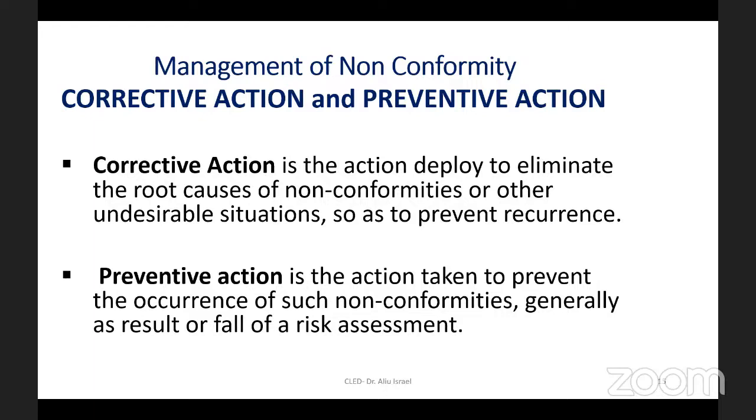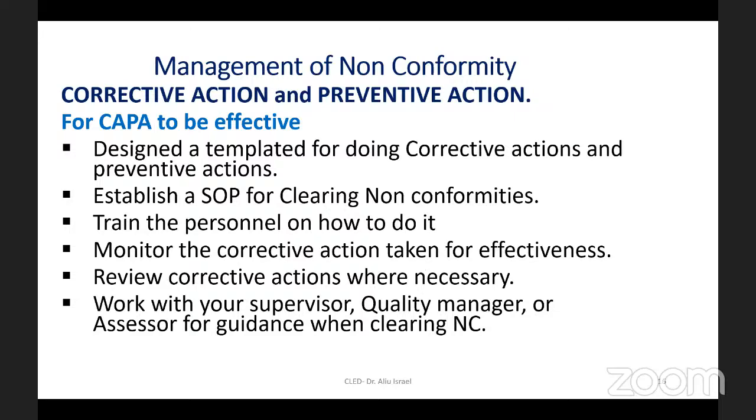Generally, it's a lot of risk assessment. So the corrective action corrects an occurrence, what has happened, and prevents it from happening again. Preventive action is the action taken to prevent it from happening at all. So those are what is known as CAPA analysis.